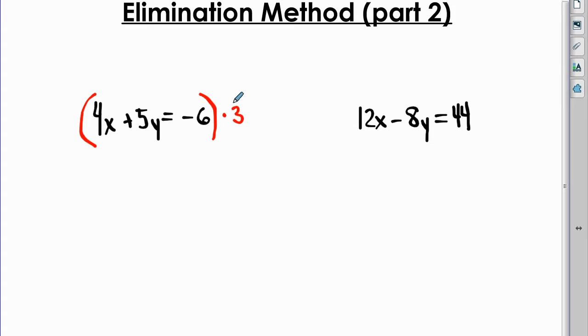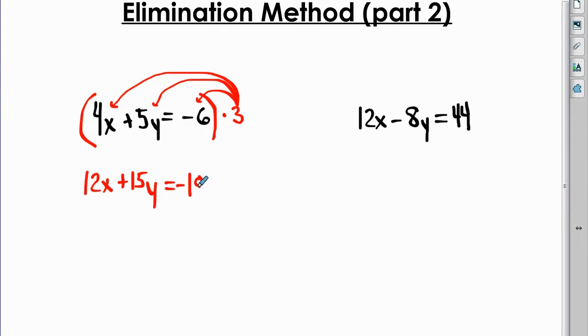So I'm distributing the 3 to each term in the equation. In this case, that'd be 12x plus 15y equals negative 18.